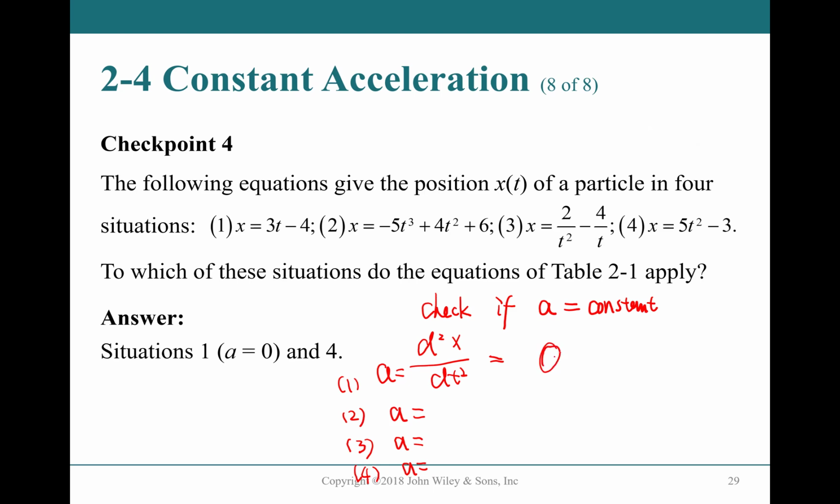Okay? You want to try the second one, the third one. The fourth one, double derivative, you are going to get 5. Okay. First one you get 0, and fourth one you get 5. I want you to try 2 and 3, because 2 and 3 are the situations where you cannot apply the equation because your acceleration is changing with time.